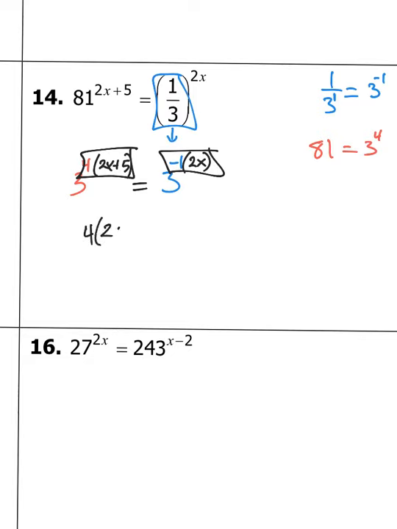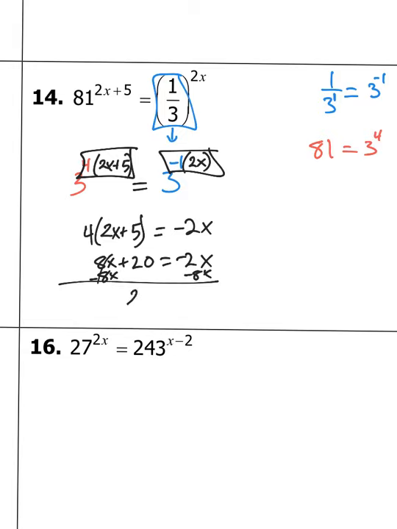So I get 4 times (2x plus 5) equals -2x. So I get 8x plus 20 equals -2x. I'm going to subtract 8x on both sides, and I get 20 equals -10x. x equals -2. Let's just check that. That would be 81 to the -4 plus 5 equals (1/3) to the -4th.